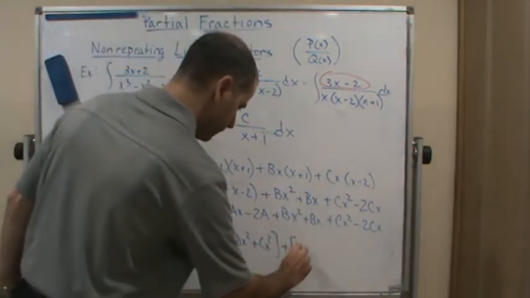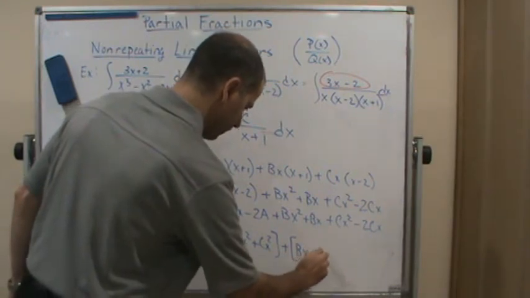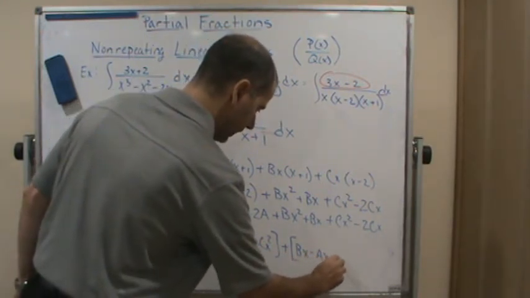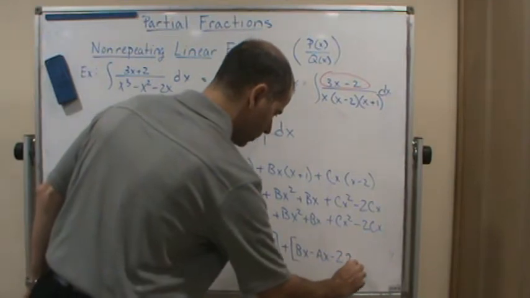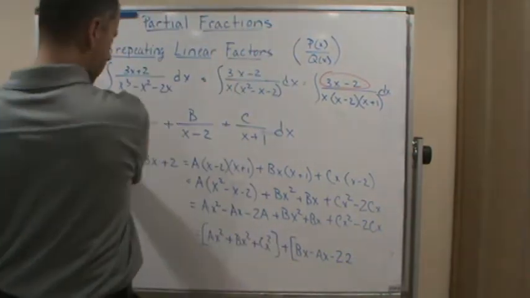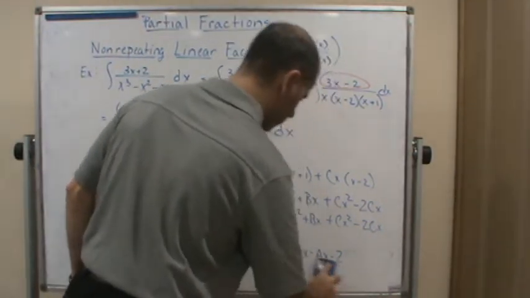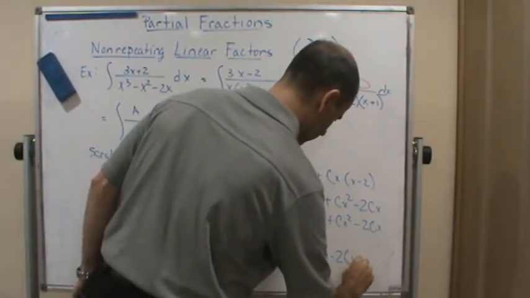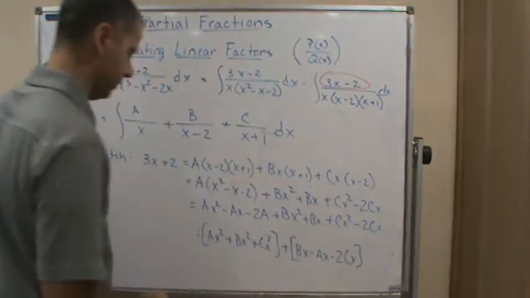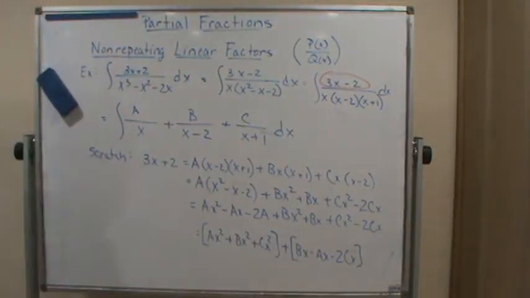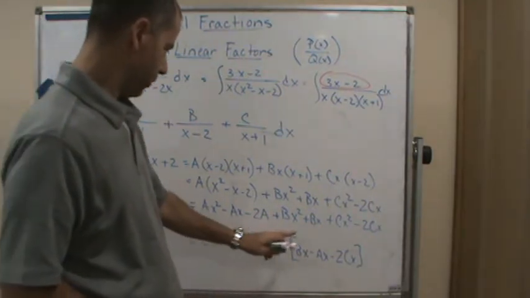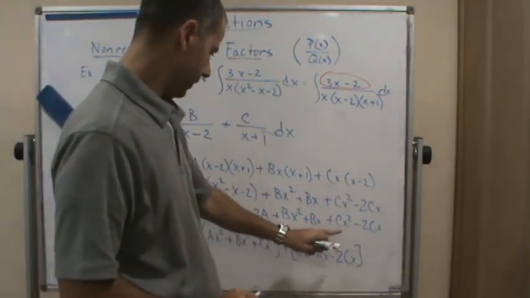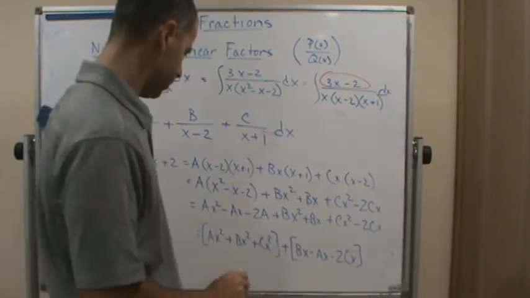So I'm going to write this as bx minus ax minus 2cx. And then I've got a minus 2a, oh that's it, just minus 2a.